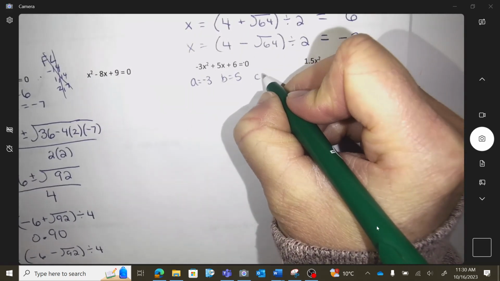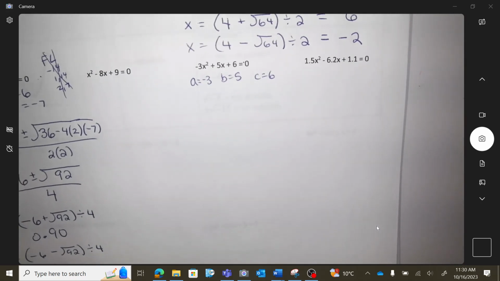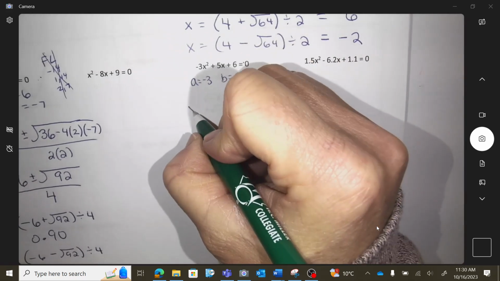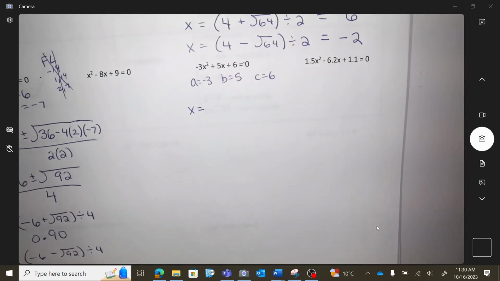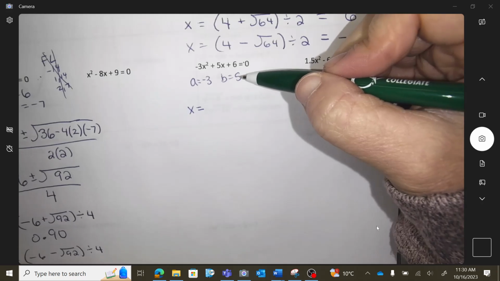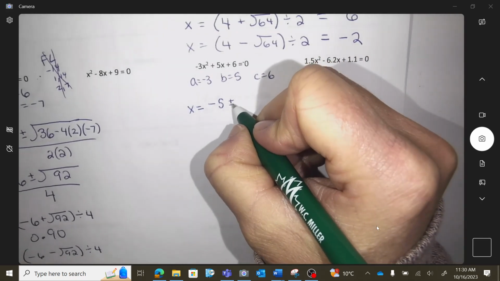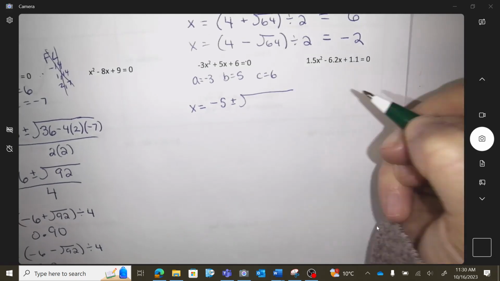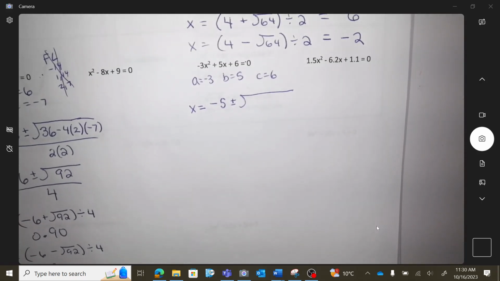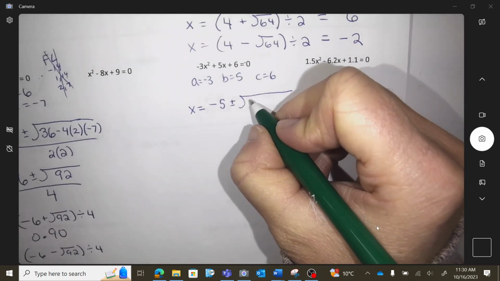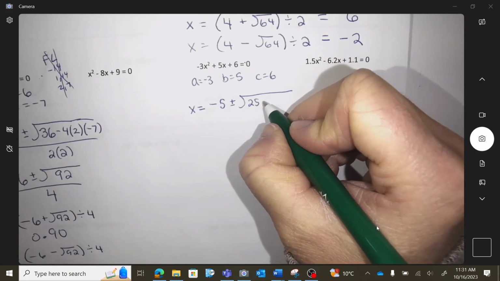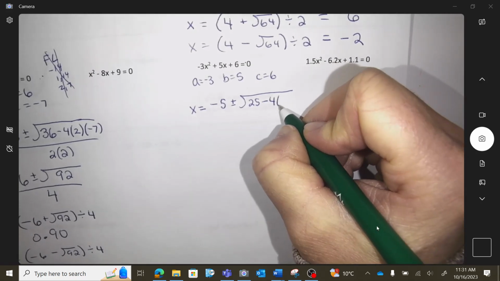I'm just identifying the A, the B, and the C. So X equals opposite of B, so this one had a positive 5, so I'm going to write a negative 5, plus minus the square root of b squared, which is 25, minus 4 bracket.